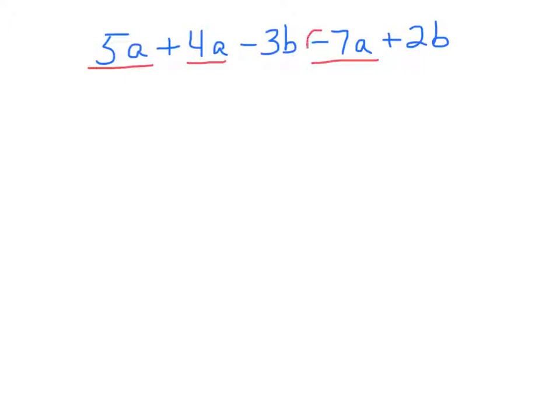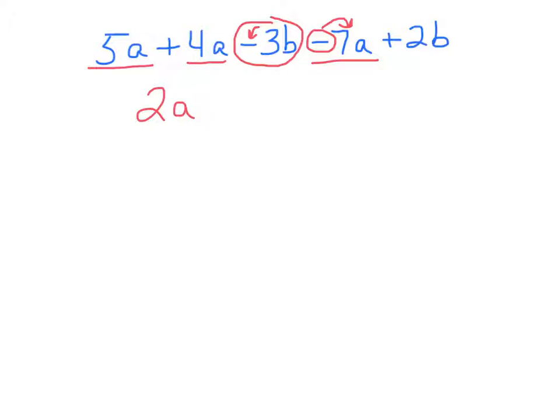This is very important because the operation sign in front of the term is what tells you what to do with that particular term. So as I say, I have 5a plus 4a, subtract 7a, which gives me 2a. I also need to combine my b's. In this particular case, I have a negative 3b because the operation sign in front of that term is a subtraction, which really tells me that that is a negative 3b.